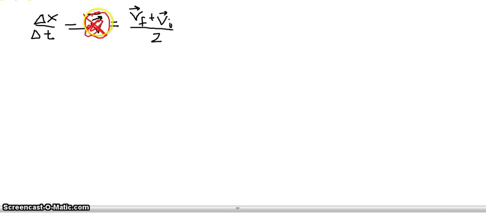So we can just get rid of that. Therefore, I'm going to go across: change in position over change in time is equal to final velocity plus initial velocity.